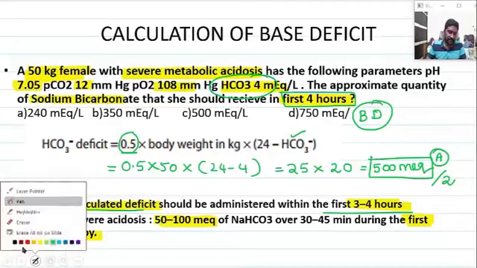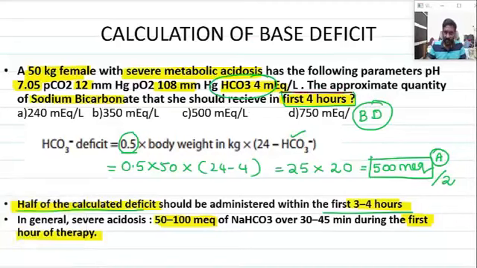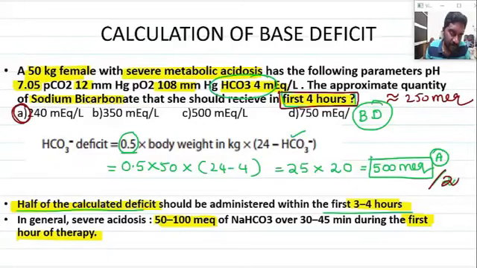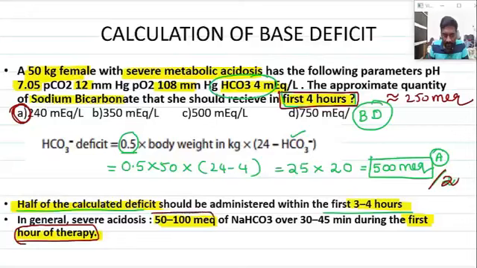I'll just mark it red. So it should be approximately 250 milliequivalents. So the best answer is option A. But if they ask how much can be given during the first hour, the range is 50 to 100 milliequivalents.